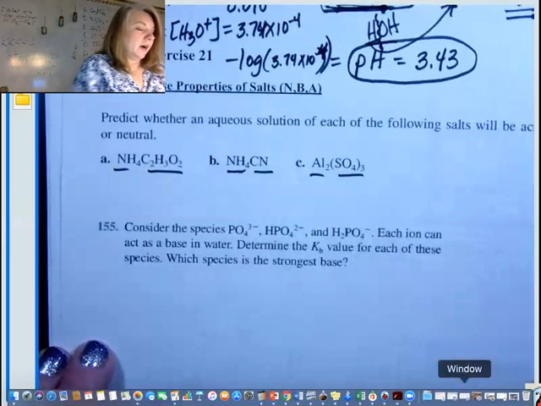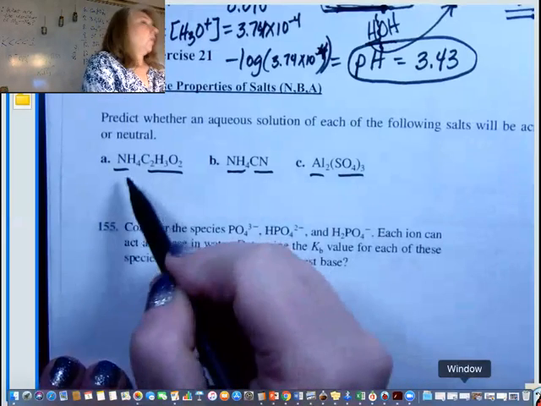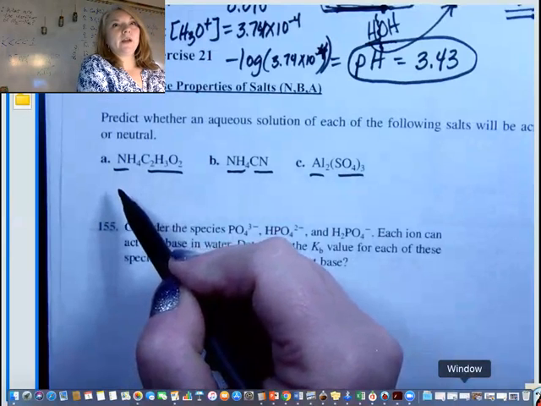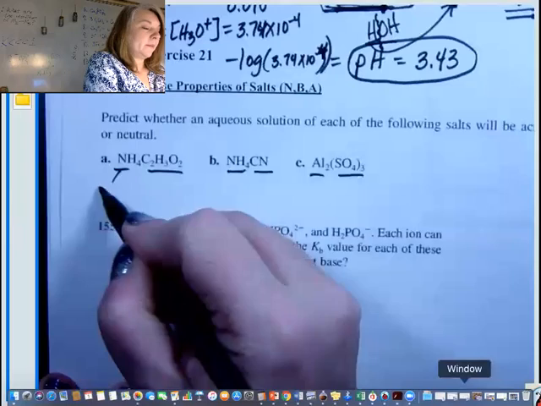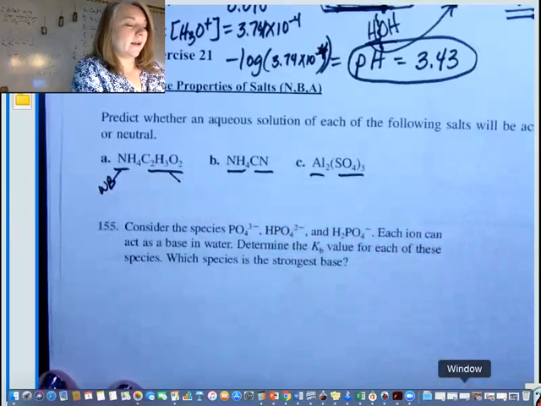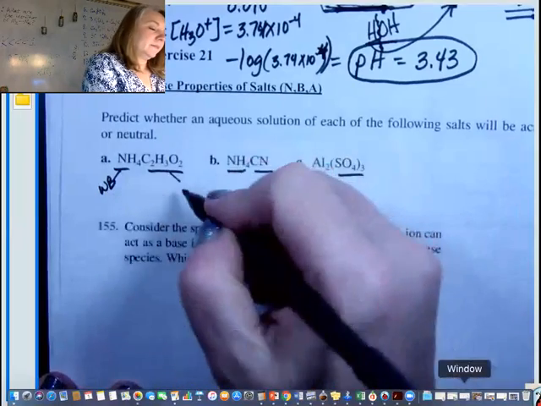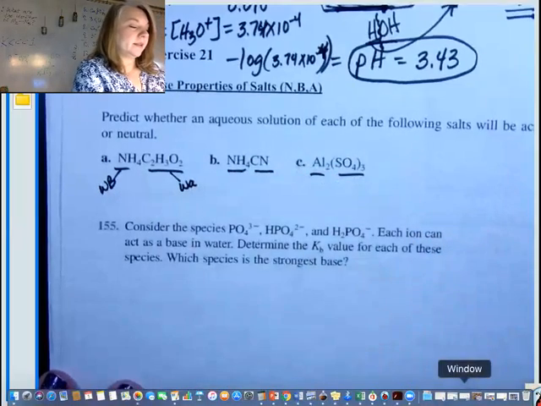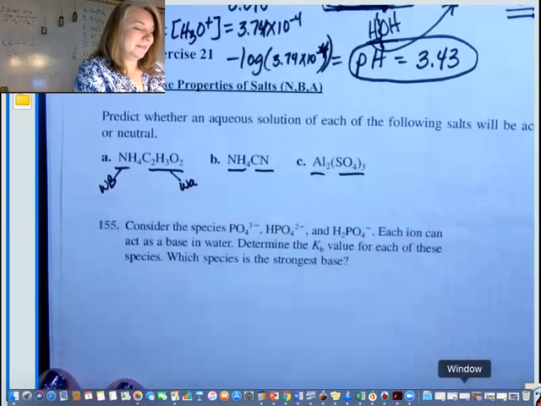Okay? All right. So we have NH4. What is that the conjugate of? NH3. So that comes from a weak base. And we have the acetate ion, which comes from acetic acid, and that is a weak acid. Oh my goodness. Guess what?